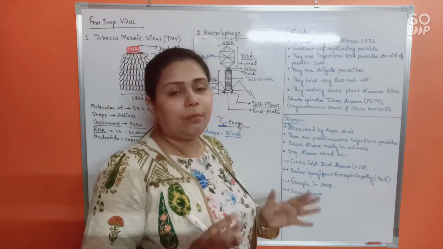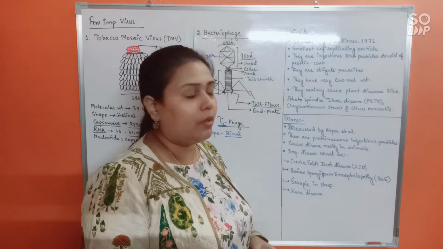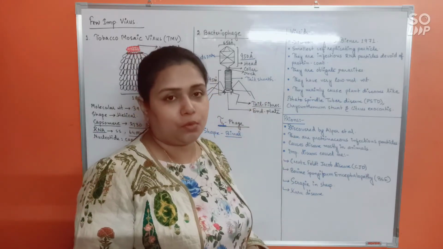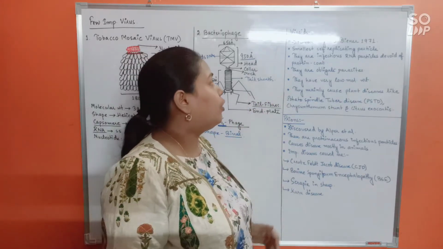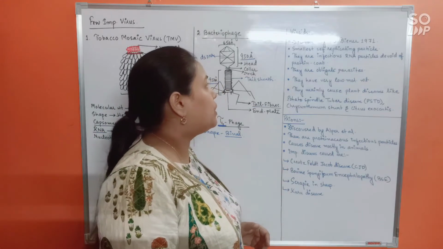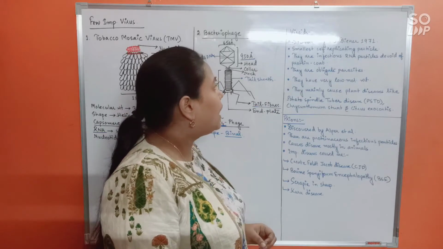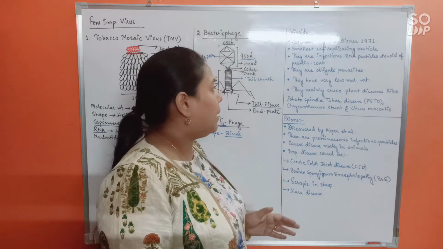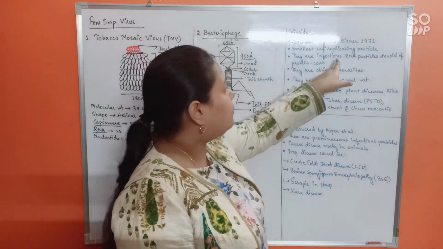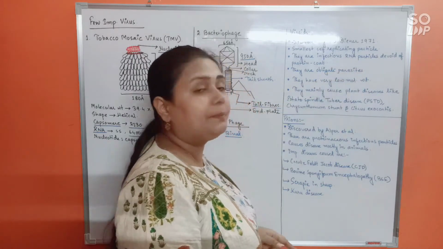There is nothing much details to discuss about them, but the main properties are important. Like for viroids, the discovery of viroid was done by T.O. Diener in 1971. They are smallest self-replicating particles and are mainly infectious RNA particles.